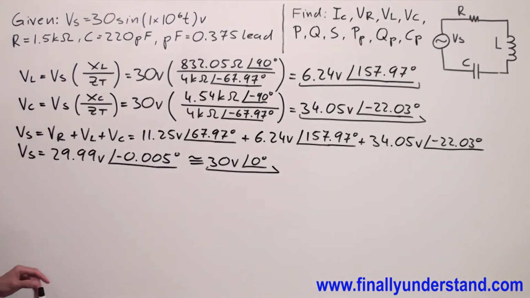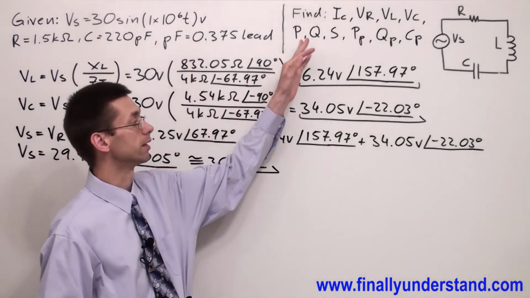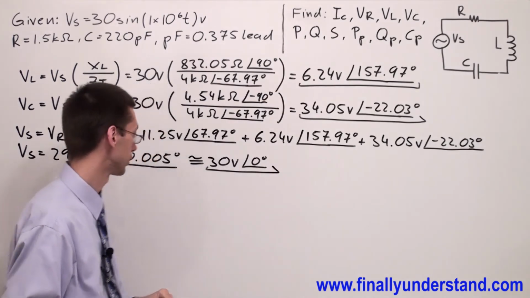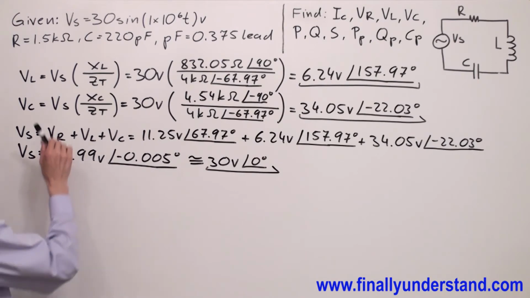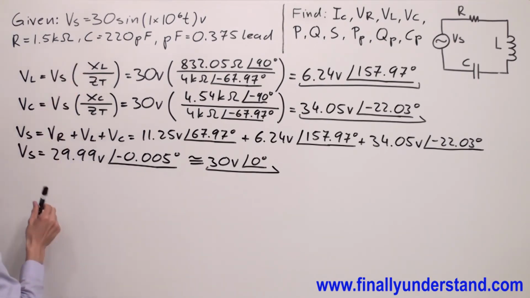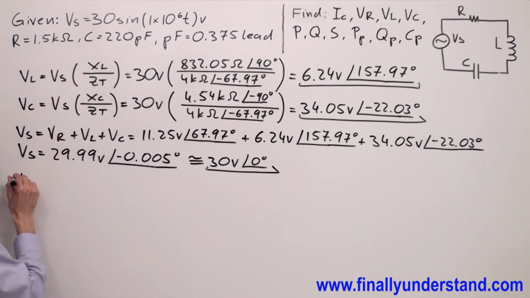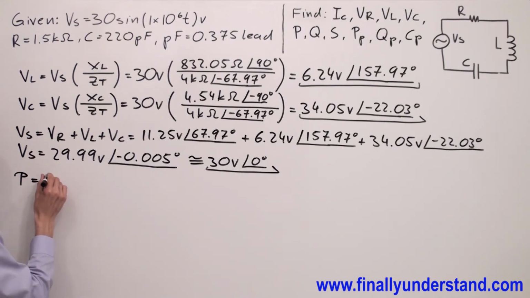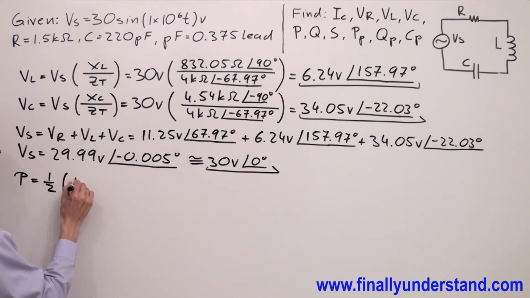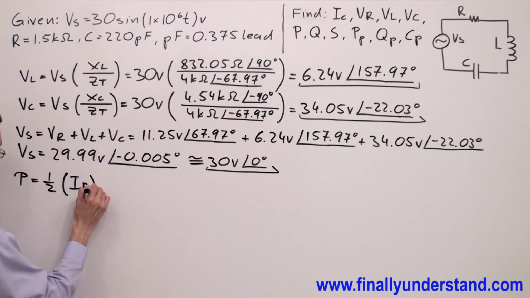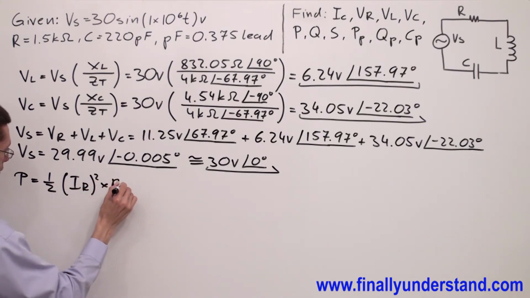Next, we're supposed to find the true power in the series circuit. Okay, because we are dealing with the peak current, because we found that current by using peak voltage, I'm going to write power. True power is equal to 1/2, because I'm using peak values, I'm supposed to write 1/2 times IR squared times resistance.